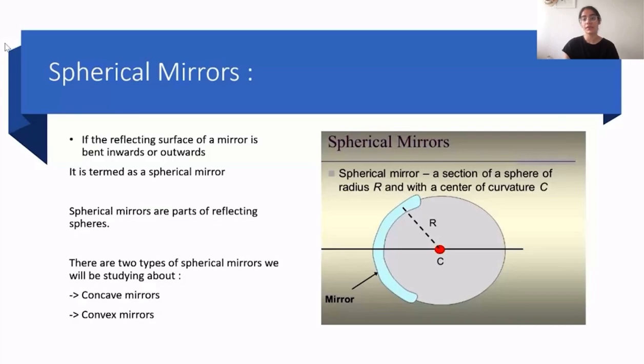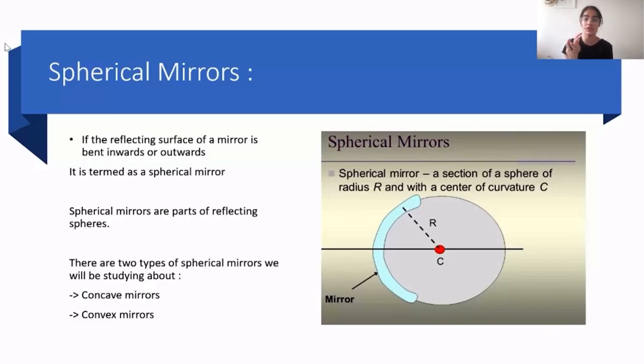Now since we know what an image is, let us go to what spherical mirrors are. If you take a sphere that is reflecting on all sides, meaning the whole surface of it is reflecting, so any incident light that falls on it will be reflected back in another direction throughout the perimeter of that sphere, then such a sphere is a reflecting sphere. And if you cut out a part of a reflecting sphere, then this bent, curved part will be termed a mirror.